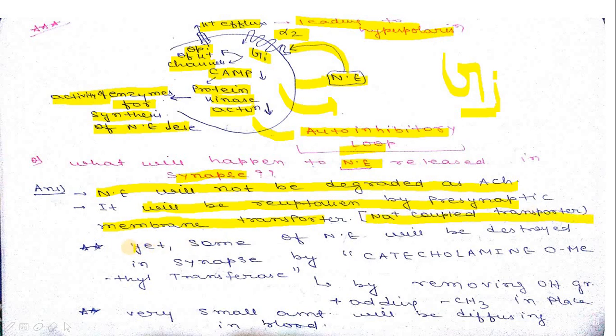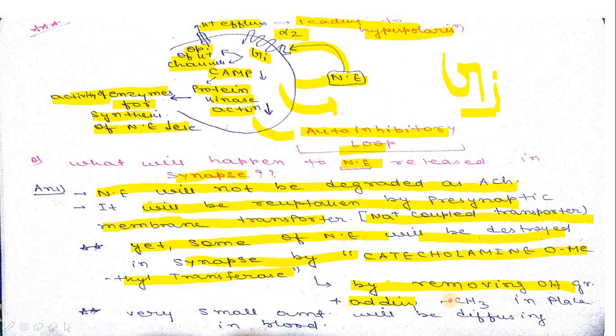Clear? But yet some of norepinephrine will be destroyed in the synapse by one enzyme that is known as catecholamine O-methyl transferase. The enzyme is catecholamine O-methyl transferase. What will it do? It will remove the OH group from the norepinephrine and add a CH3 group in that place.